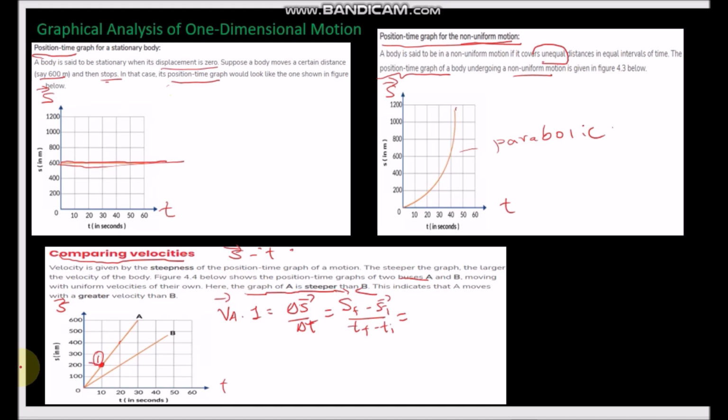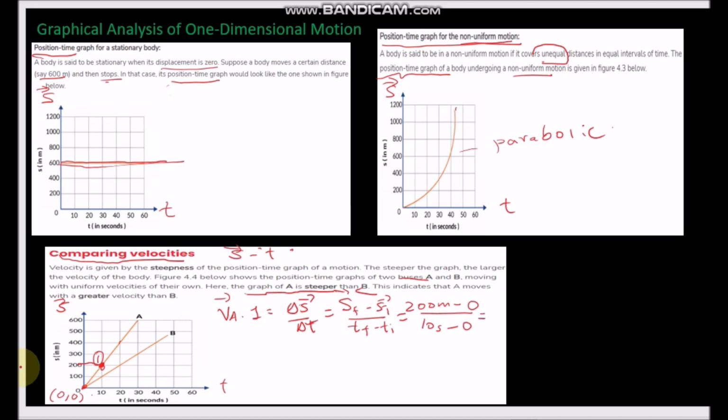At this point we have the corresponding displacement 200 meters, minus the corresponding initial displacement, which is 0. At this point the initial displacement and the initial time are 0, over T final, which is 10 seconds, minus T initial, which is 0.